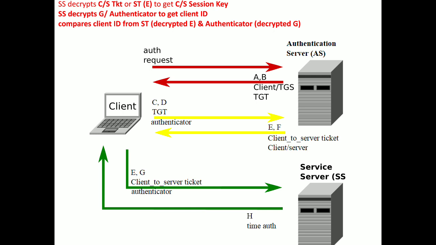The server will then compare the client ID found in the new authenticator with the client ID which was in the service ticket, since it has decrypted both the service ticket and the authenticator. Then the server compares both client IDs, and then it is proved that the client is the legitimate one.